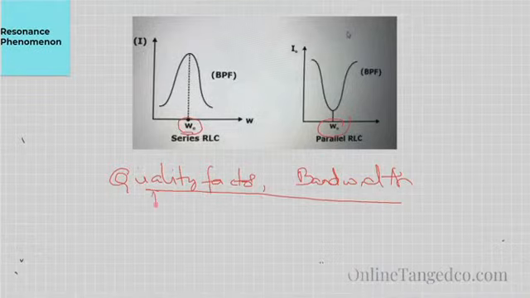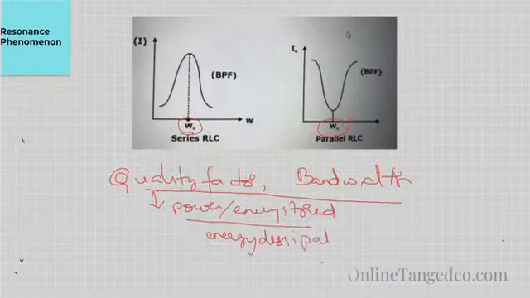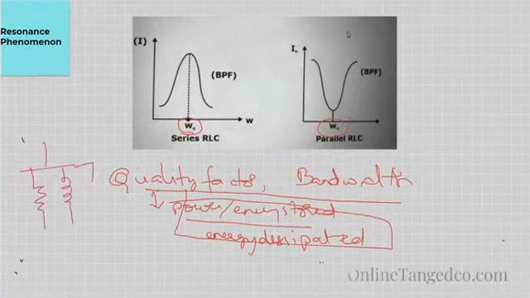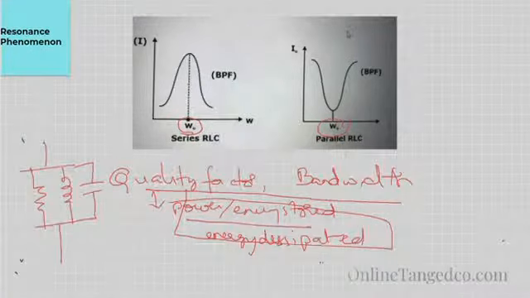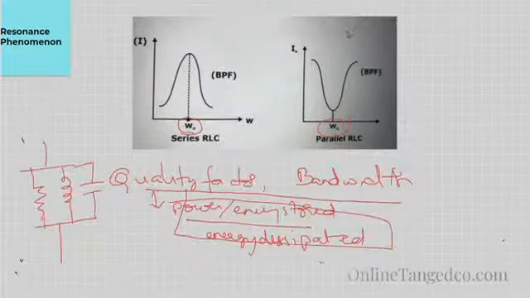So quality factor is nothing but the energy stored divided by the energy dissipated. Okay. So, energy stored, energy dissipated. What is this? Think of it relating to the circuit, RLC series or parallel, whatever the circuit might be. Here we have elements, energy storing devices, and energy dissipating devices.